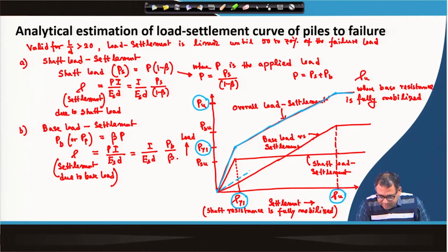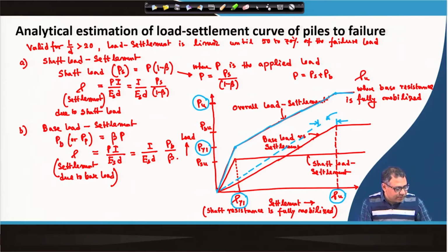This dotted line is the soil settlement due to the pile base load, and this additional line is the pile material settlement, once the slip, or the total shaft or soil resistance or soil settlement, is over. So, this is the additional settlement.